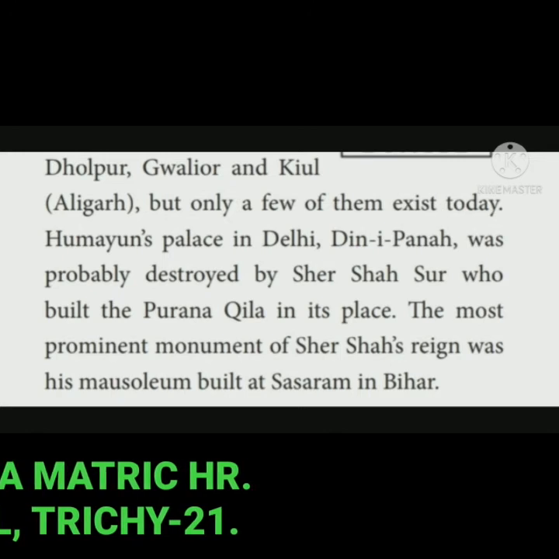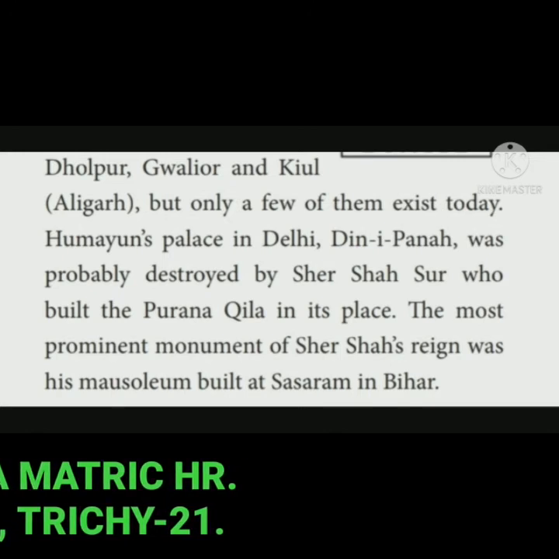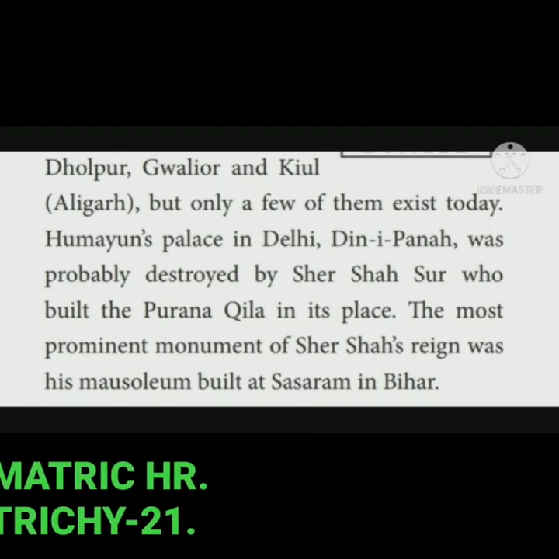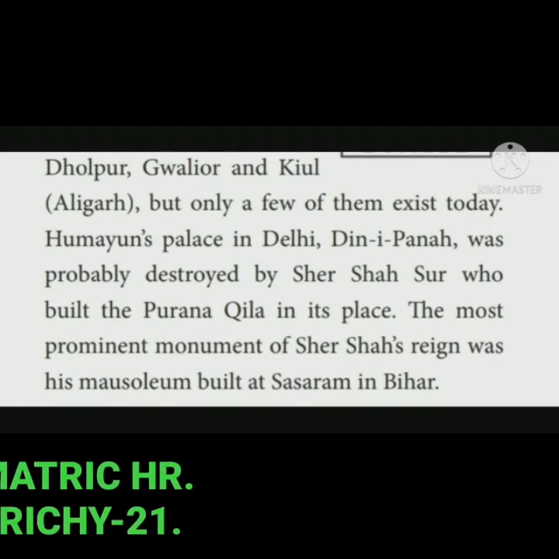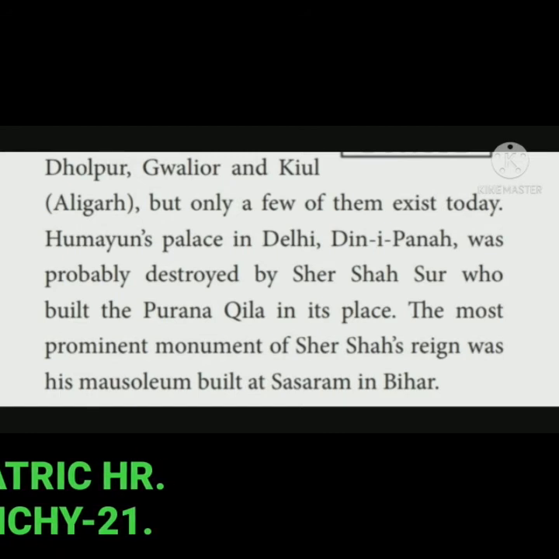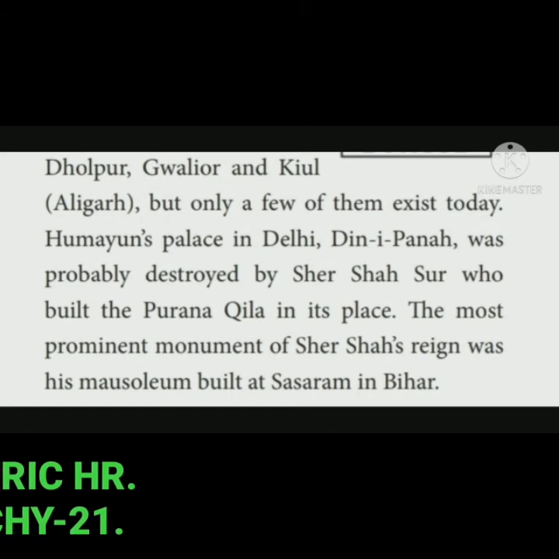Humayun's palace in Delhi, Din-i-Panah, was probably destroyed by Sher Shah, who built the Purana Qila in its place. The most prominent monument of Sher Shah's reign was the mausoleum built at Sasaram in Bihar.